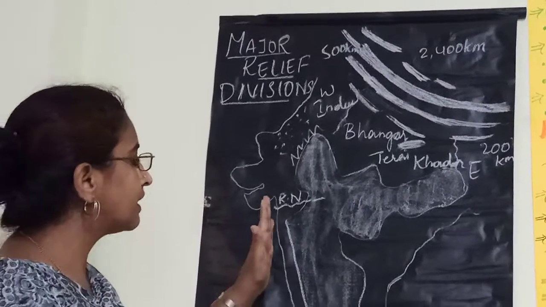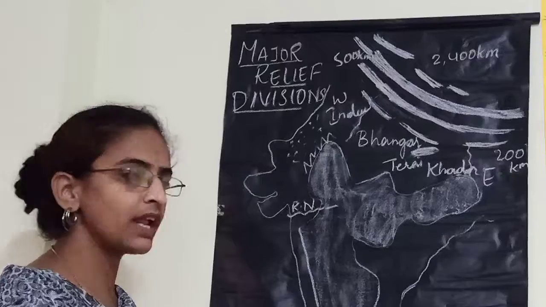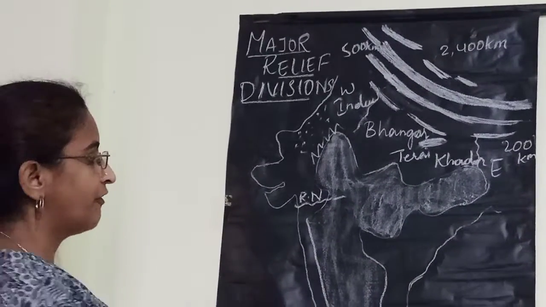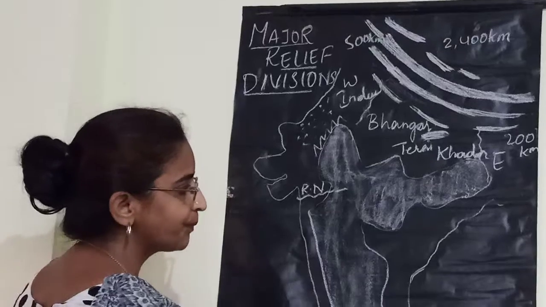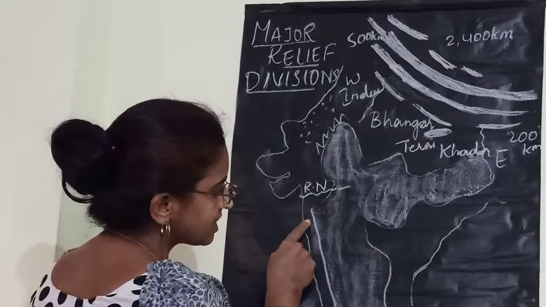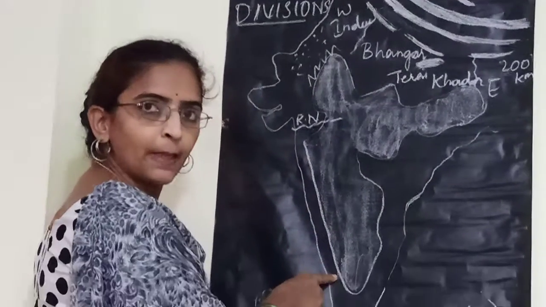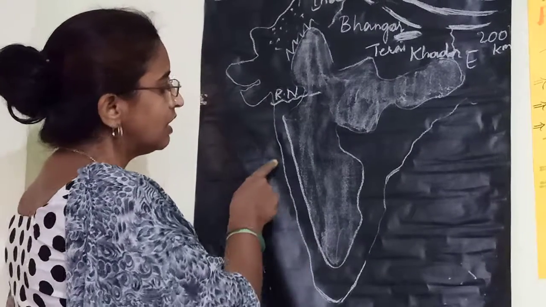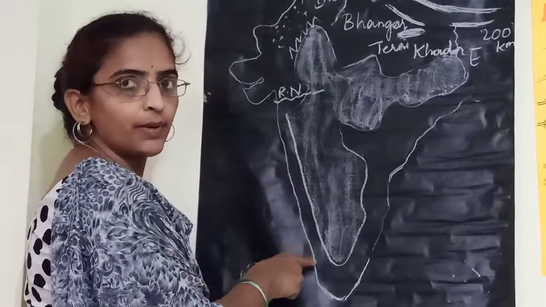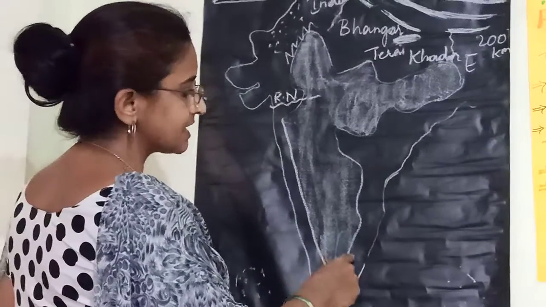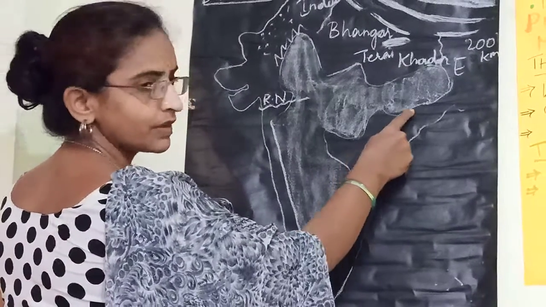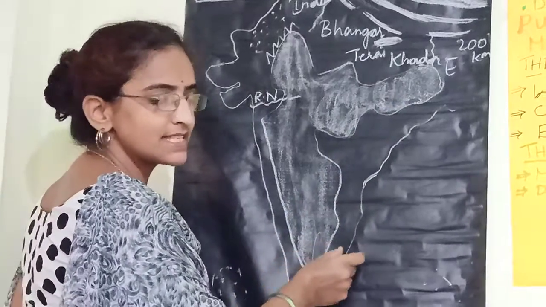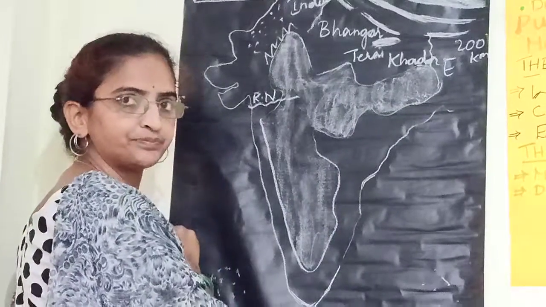The west and east boundaries of the Deccan Plateau are the Western Ghats and Eastern Ghats. The Western Ghats extend parallel to the west coastal plain, whereas the Eastern Ghats extend parallel to the eastern coastal plain.